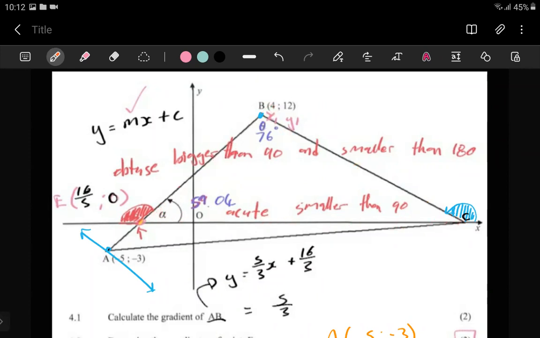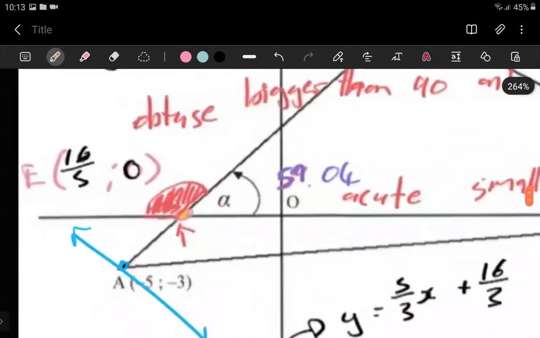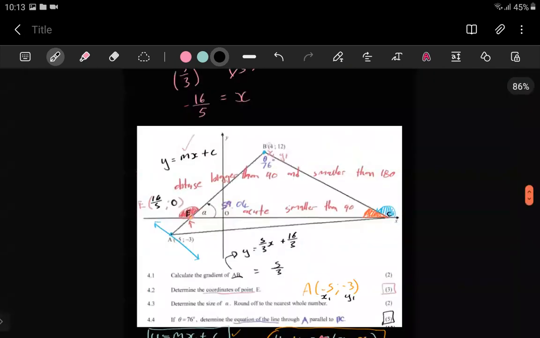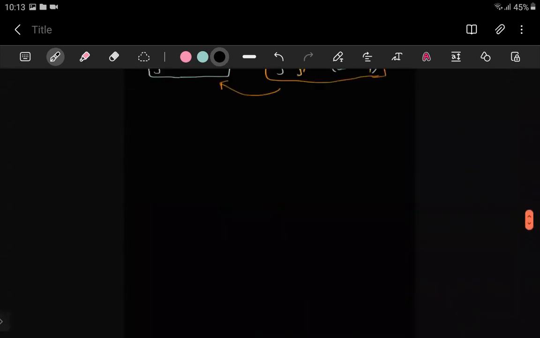So let's get this angle here using interior angles of a triangle. Let's get that first, because we will need it to also then get the blue side. This point was point E. So angle BCE, let me just write it down here.